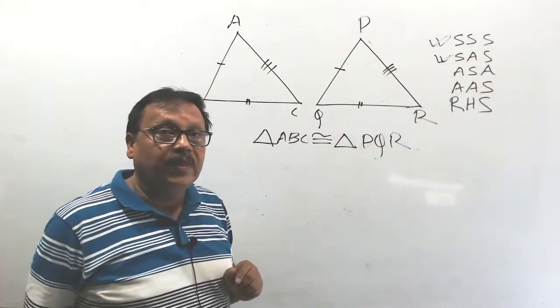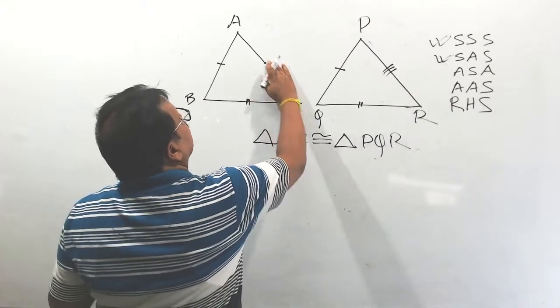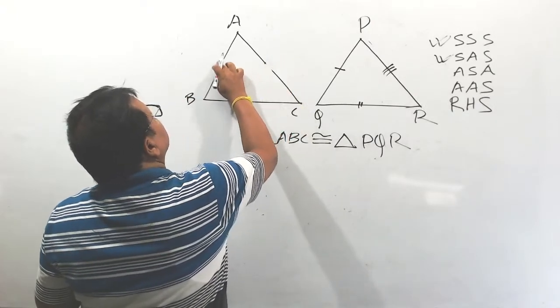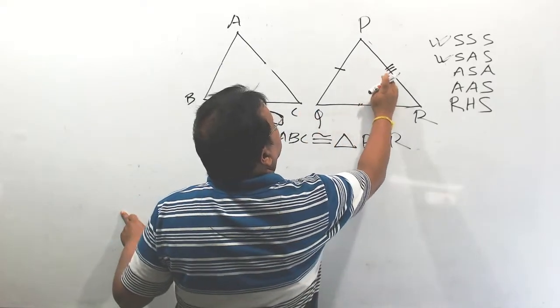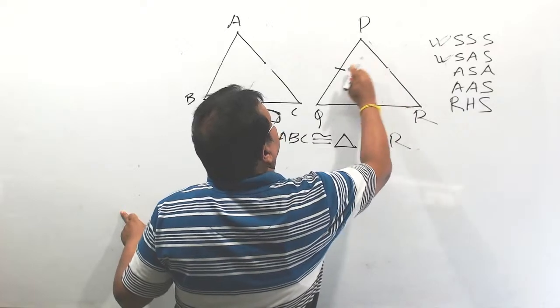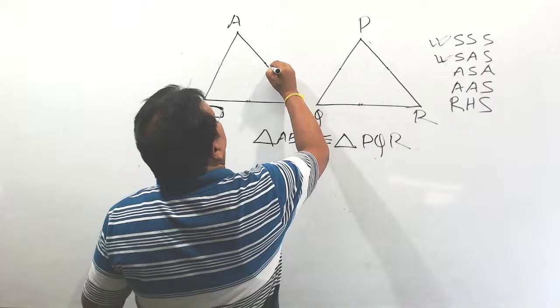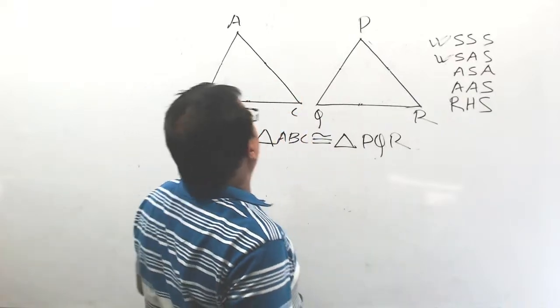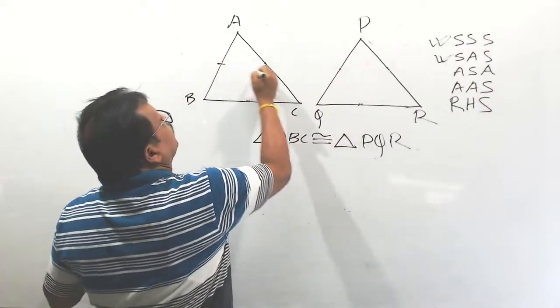SAS. SAS means, from the name, I think it is clear. Say AB is equal to PQ.